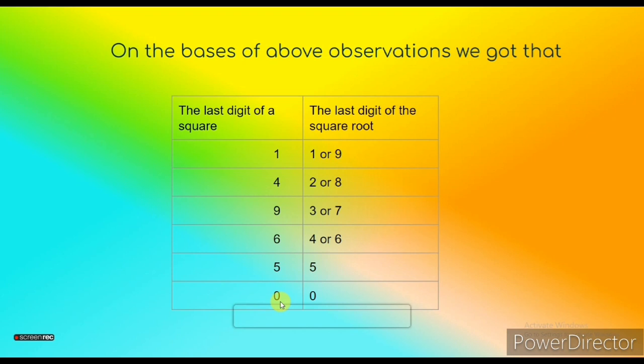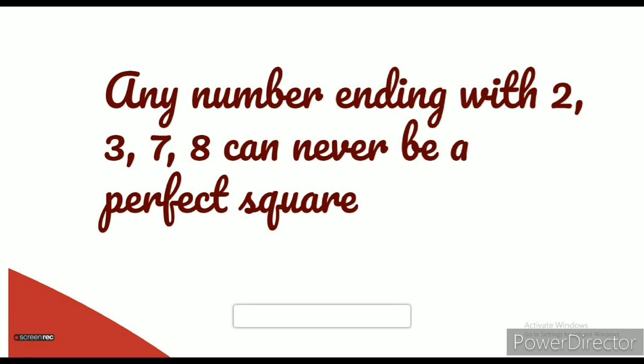It means that no perfect square ends in 2, 3, 7 and 8. So, we can conclude that any number ending with 2, 3, 7 and 8 can never be a perfect square.